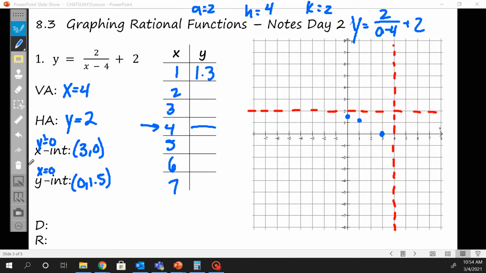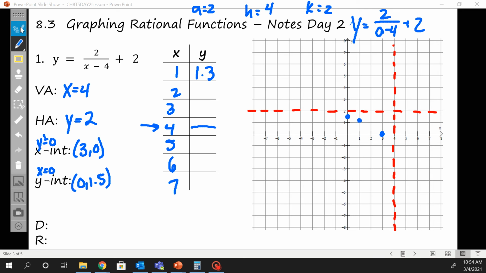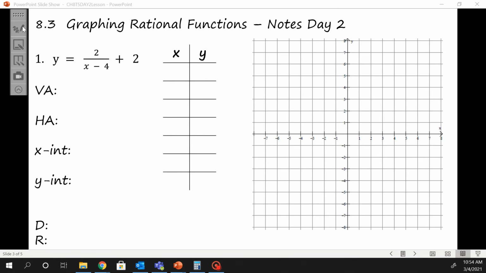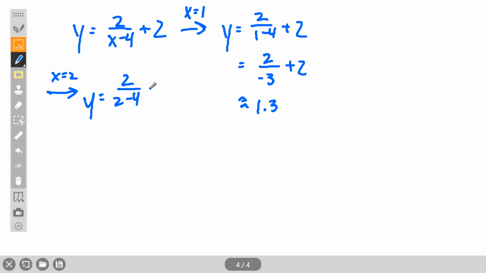Next I'll plug in 2. So y equals 2 over 2 minus, wait a minute. I already have the value of 2. Don't I? No, I don't. So plug in 2. We got 2 over negative 2 plus 2.